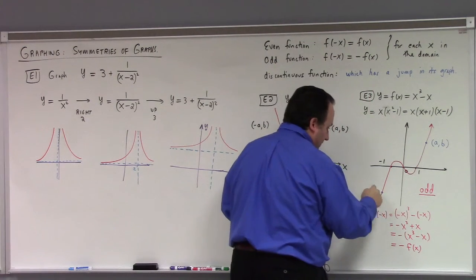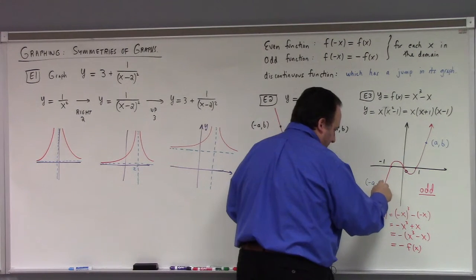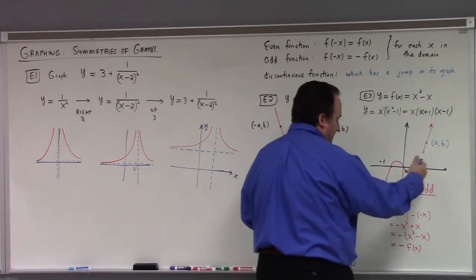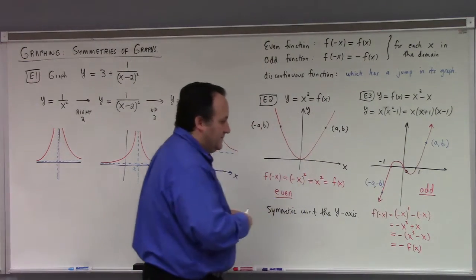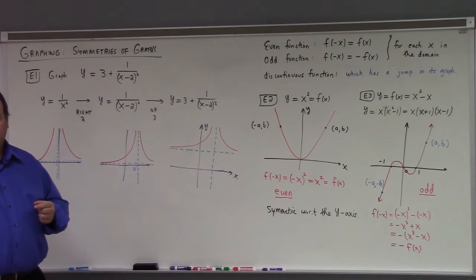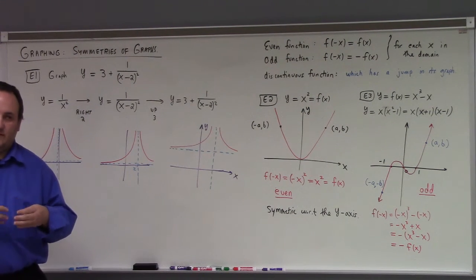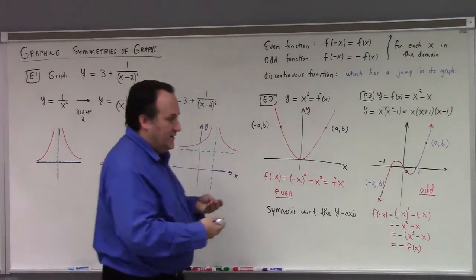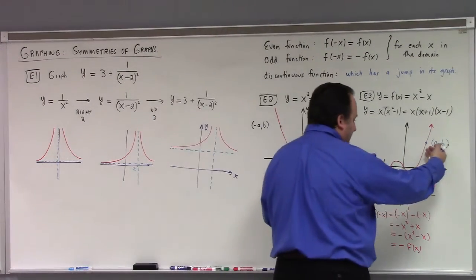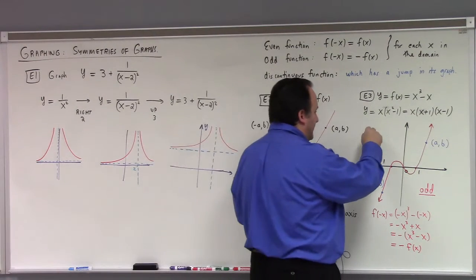It's minus a comma minus b. So there are these pairings of points. When your graph has a property like this, when every point a comma b comes with a partner point minus a comma minus b, this is called symmetry with respect to the origin. Or people will say you can reflect this graph through the origin. So this is symmetric with respect to the origin.